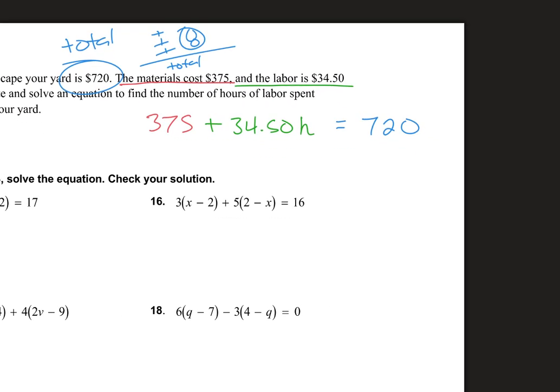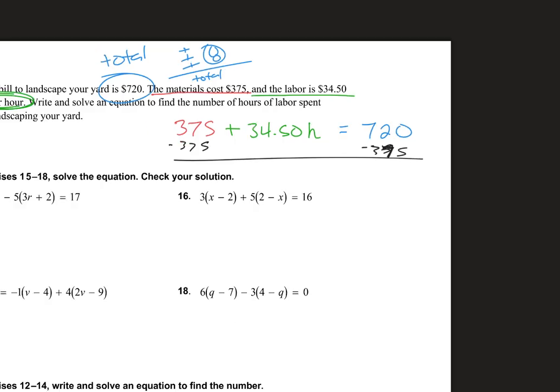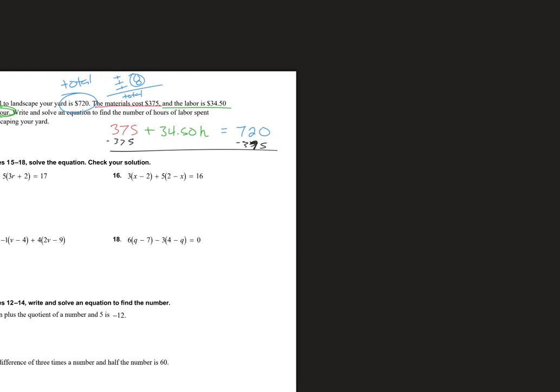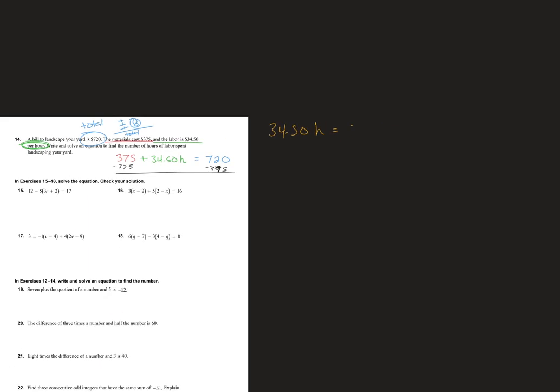And now this is just like those other problems. Subtract 375, subtract 375, and I've run out of room. So 34.50 H equals, let's see, 720. Here, let me give you another little insight into McMath.